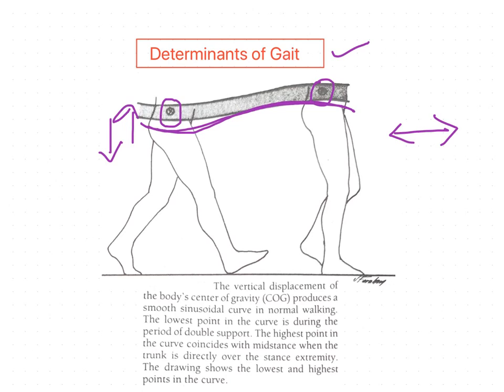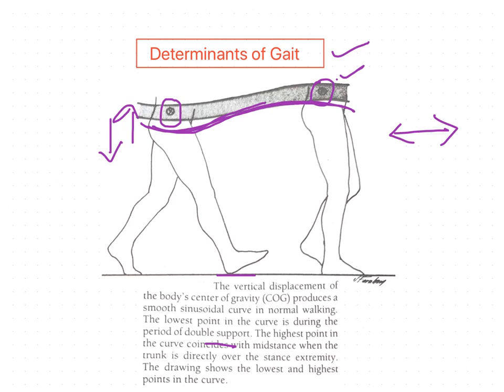Here this is the position of heel strike. The vertical displacement of the body's center of gravity produces a smooth sinusoidal curve in normal walking. The lowest point in the curve is during the period of double support. The highest point in the curve coincides with mid stance.